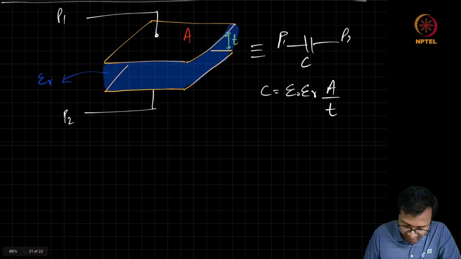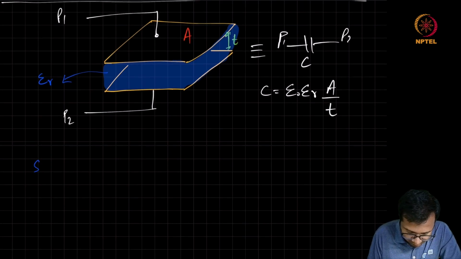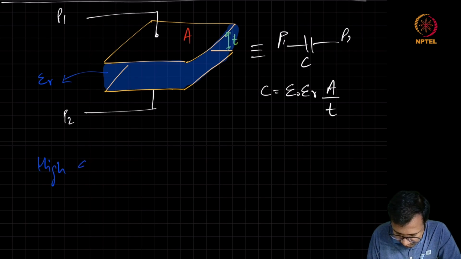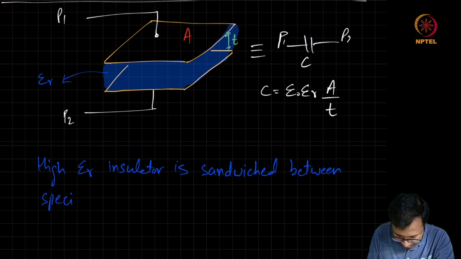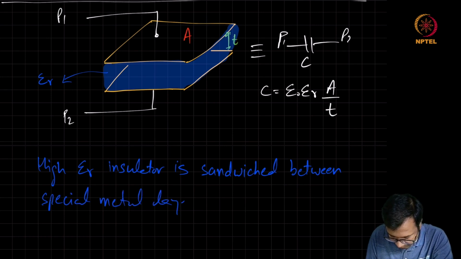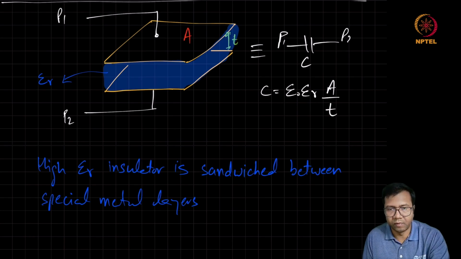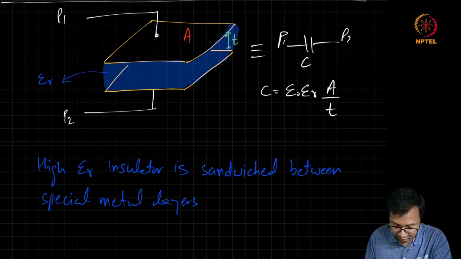So what is done is a high epsilon r insulator is sandwiched between two metal layers. So these metal layers are not used for routing, they are special metal layers.